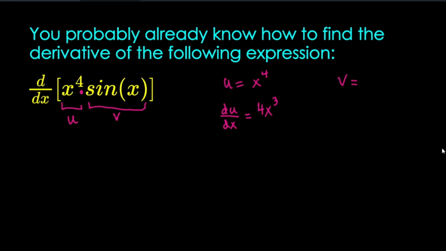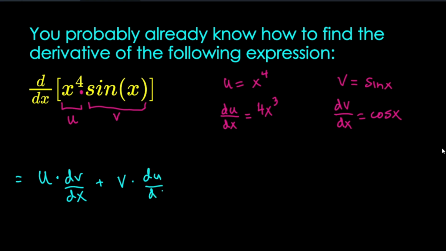Doing the same thing for v, which is sine of x, the derivative of v with respect to x is cosine of x. So to use the product rule to find the derivative of this product, we take u and multiply by the derivative of v with respect to x, and then add the reverse expression, where we take v and multiply by the derivative of u with respect to x.